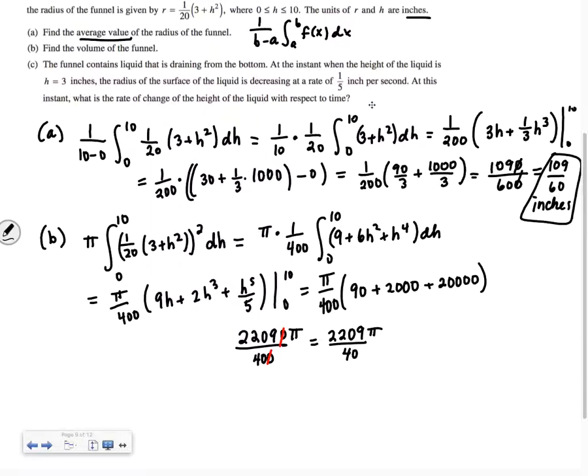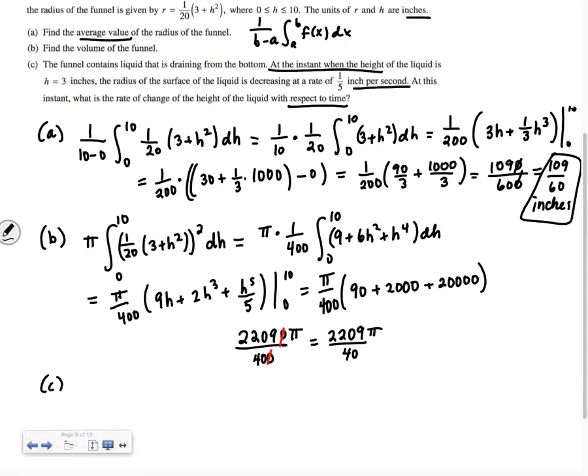Okay, everything about this problem should be screaming at you. It's a related rates problem. If you notice, it says at the instant when the height is this, and it says with respect to time, so that's like dt, and then it says inches per second, right? These are all clues that it's related rates. So we set it up.